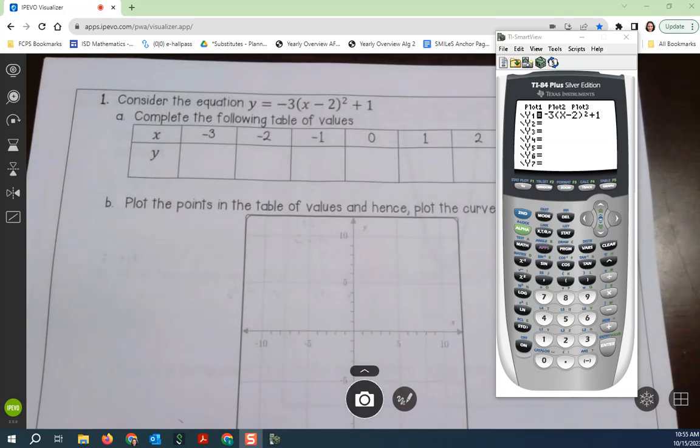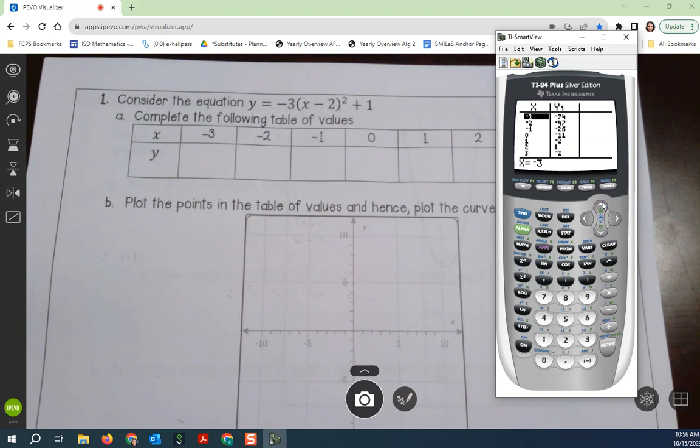Okay, so we are going to graph this quadratic equation by completing the table of values, and you can individually substitute each number into your equation to find the y values, or if you enter it in your y equals, then you can go second table, and we can go back to the values that we want. So we need to start at -3.